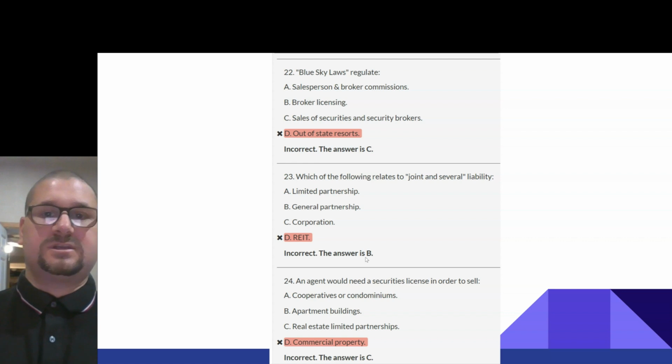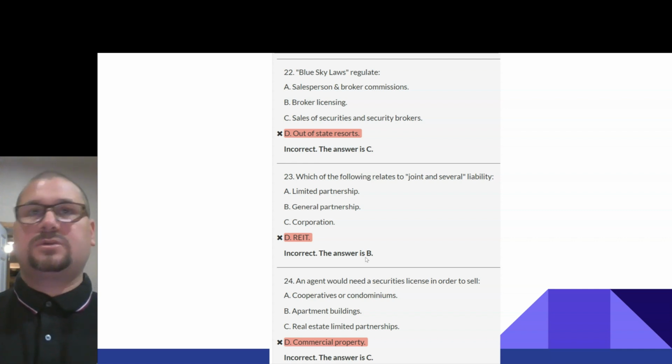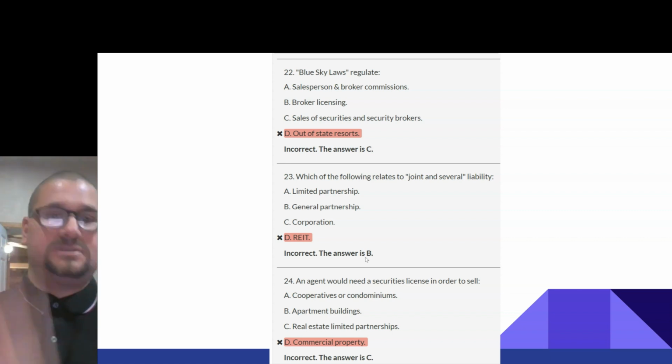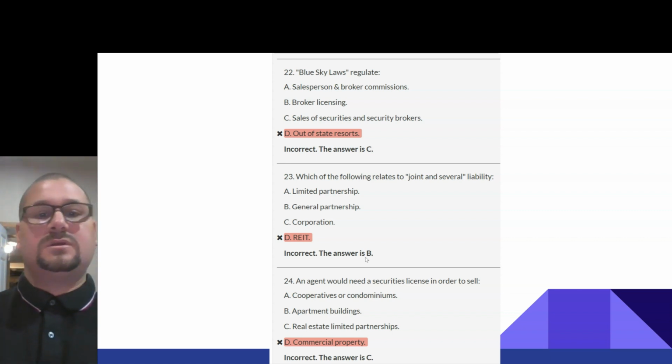Do you need it to sell cooperatives or condos? No. As an agent, you have your real estate license, and that's where you sell. Apartment buildings? No. Commercial property? No. Real estate limited partnerships are securities, and you need a securities license.